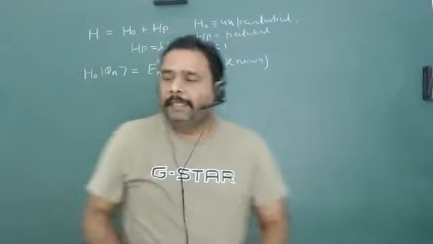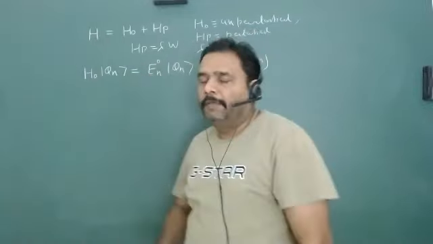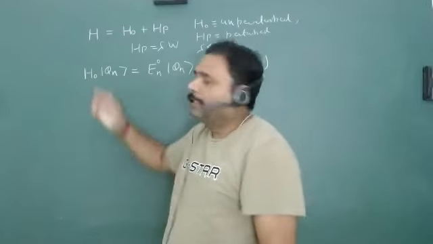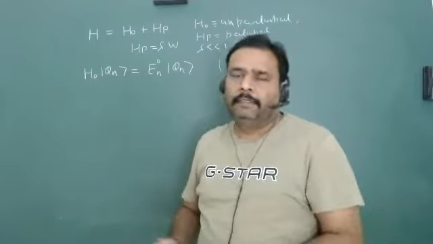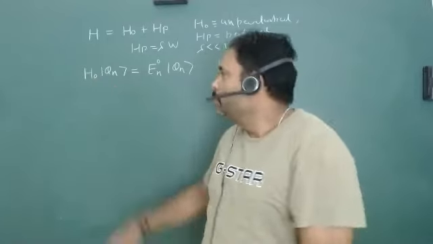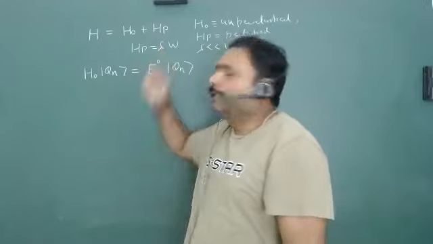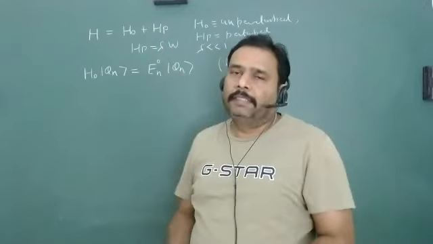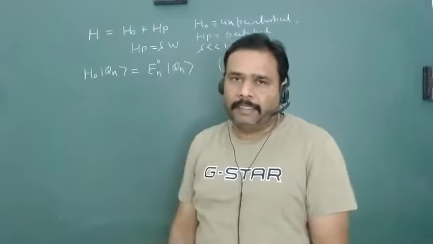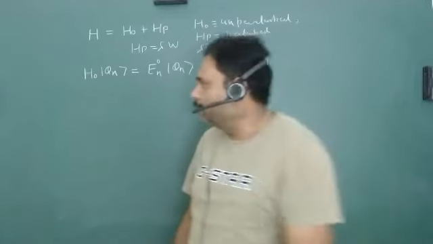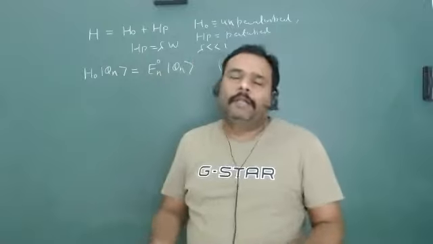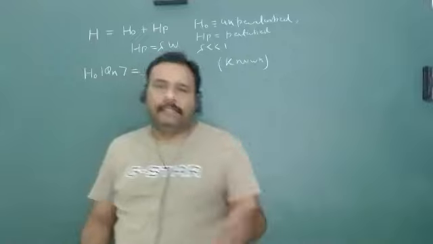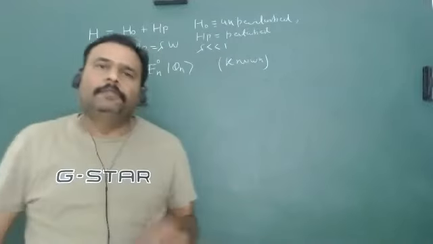What will be this phi n? What will be En in a particle in a box? n square pi square h cut square upon 2m. What will be phi n? Root under 2 upon a, sine or cos depending on the situation. Yes. For the harmonic oscillator, En0 is (n plus half) h cut omega. And what is phi n? Phi n is nothing but the ket n, you know what it is. So we can use all these things. So the non-degenerate cases are more or less the particle in a box and the harmonic oscillator. That's it. Mainly the thing will become more complicated in degenerate perturbation.